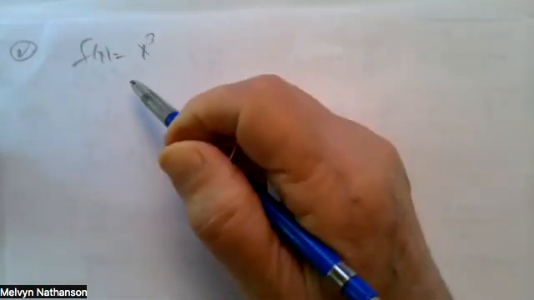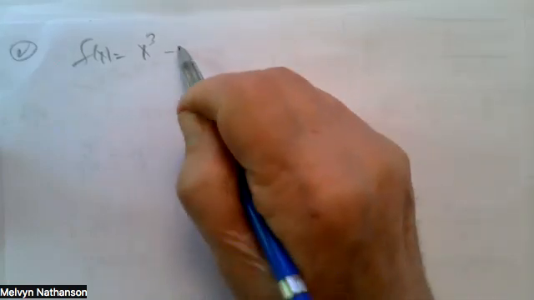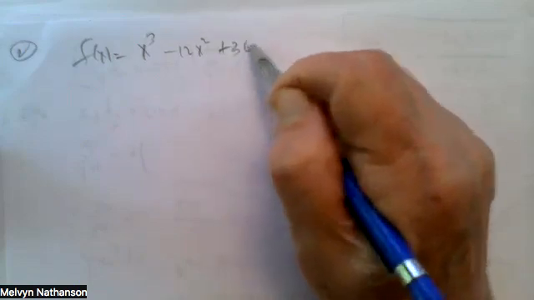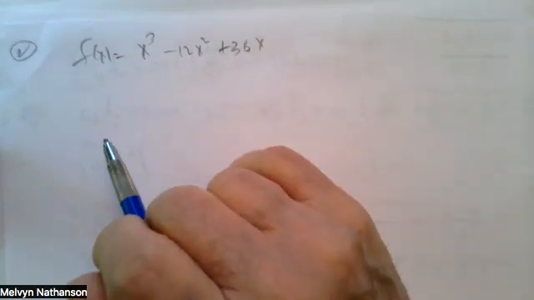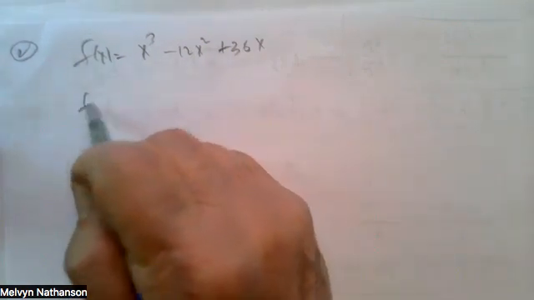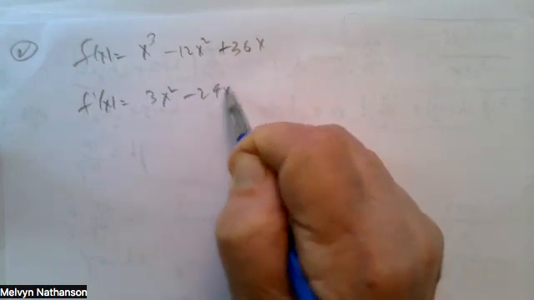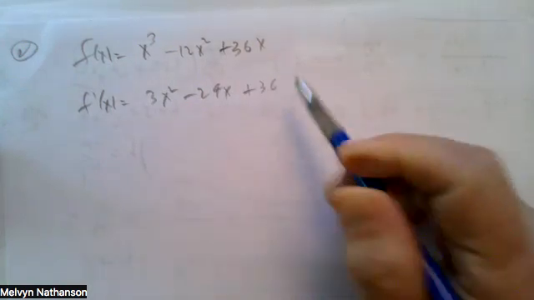In problem 2, we have the function f of x equals x cubed minus 12x squared plus 36x. And we want the critical numbers. Those are the points where the derivative is 0. So f prime of x is 3x squared minus 24x plus 36.